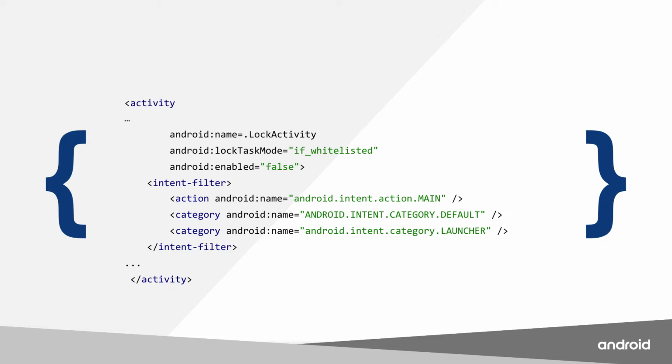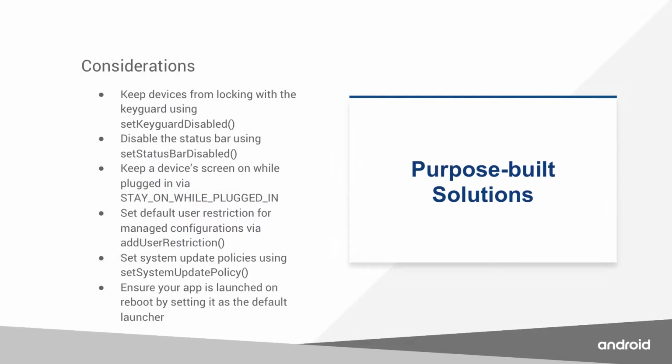If you're creating your own DPC app, so this is for the app developers who might not be using a third-party EMM solution, there are some considerations as well. So disabling the key guard as necessary. If your single-purpose solution is meant to stay on, so for example, like a digital signage menu board or some type of interactive kiosk, use stay on while plugged in so the device doesn't sleep.